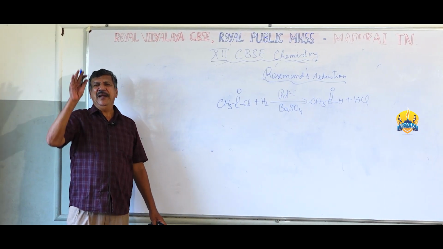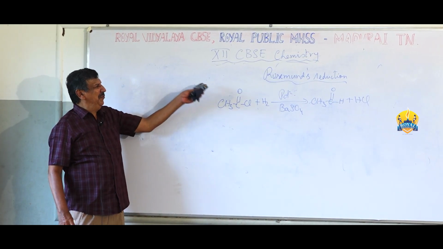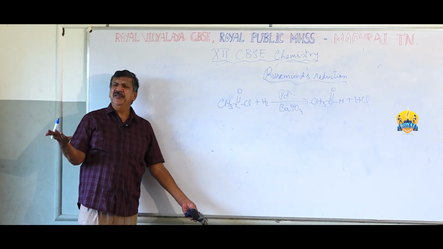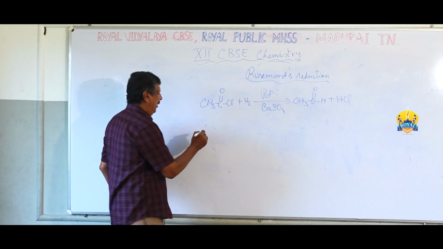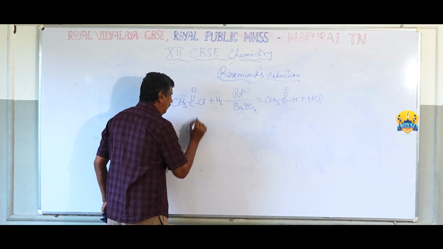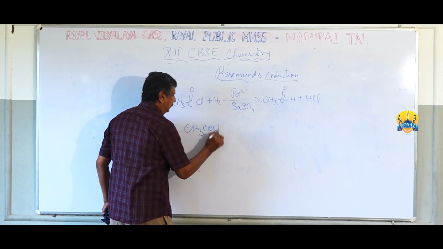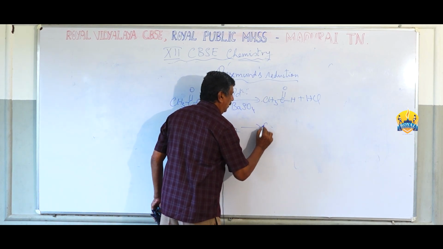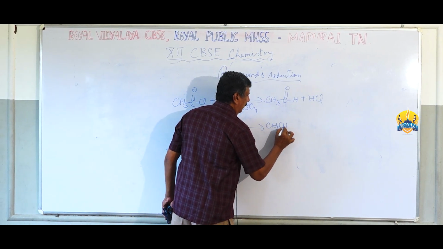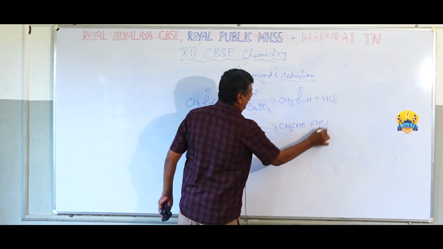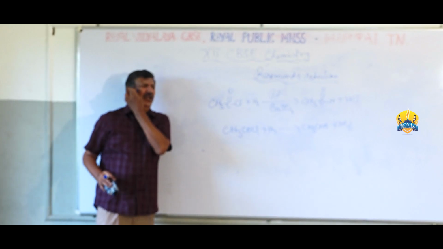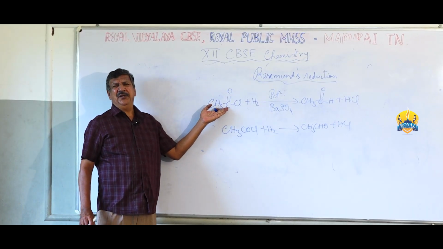But I will teach later on the same Rosenmund reduction in a different way. How will I teach? You all know. You see, very simple. You write this formula like this. That's all. Very easy. How will you learn? You need not write, you need not practice.